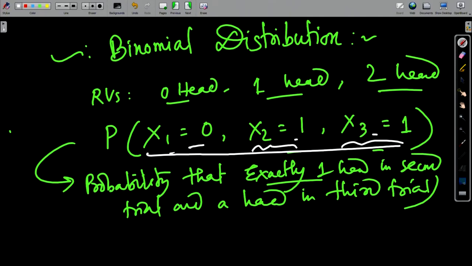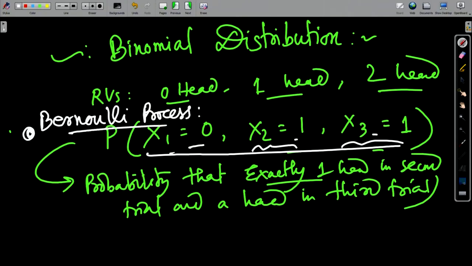This is essentially representing a Bernoulli process. Here I am just talking about independent trials, and I am talking about a specific outcome: a 0 at the first trial, 1 at the second trial, and 1 at the third trial.